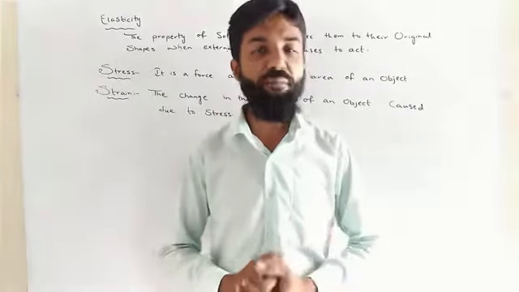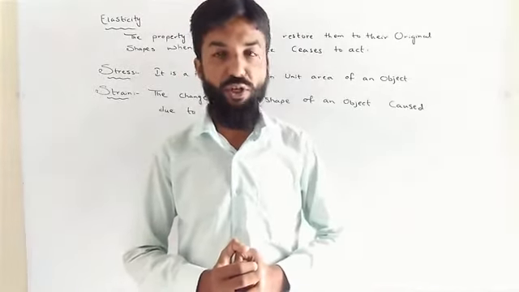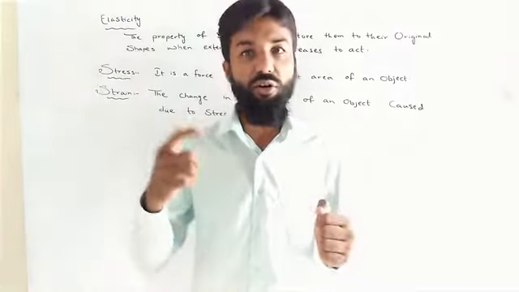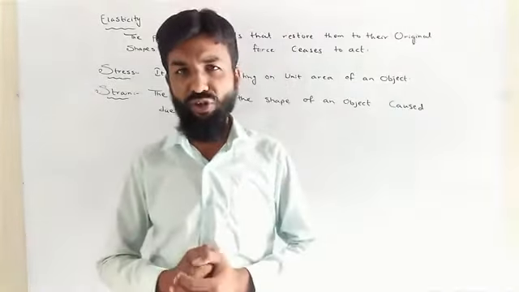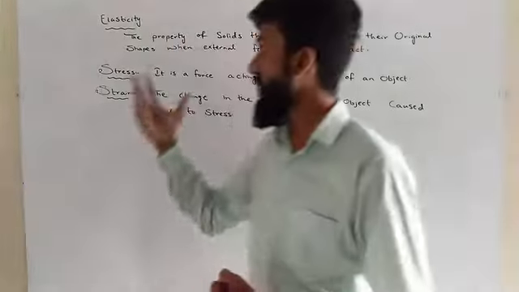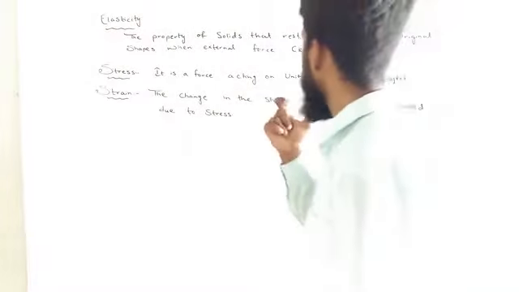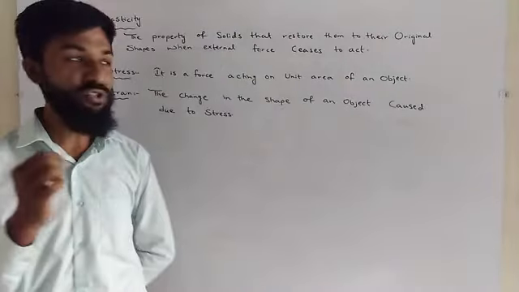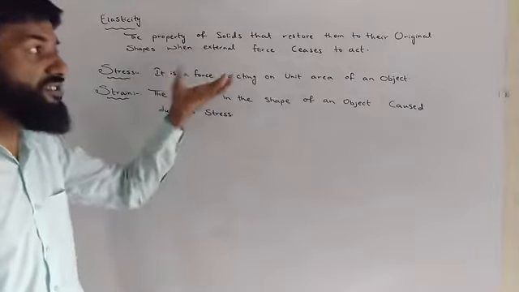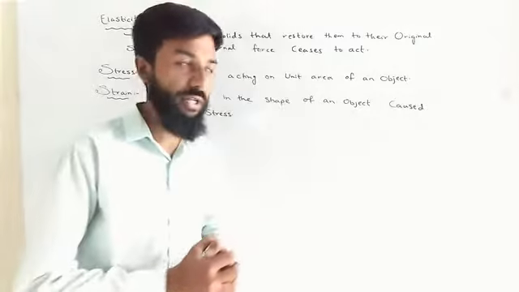That type of body is known as an elastic body. The property of changing size and shape and restoring it is known as elasticity. The definition of elasticity: the property of a solid that restores it to its original shape when the external force ceases to act.